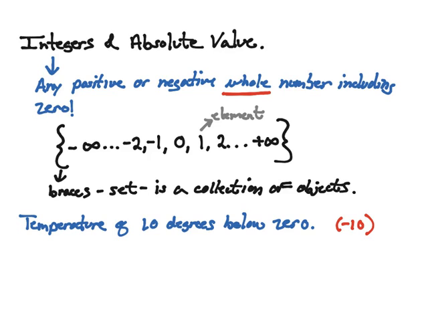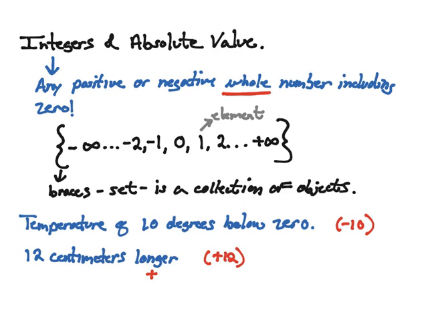So integers can be represented in a lot of different ways. Another example would be something is 12 centimeters longer. Longer is positive, so it should be a +12. So you represent that integer as +12.